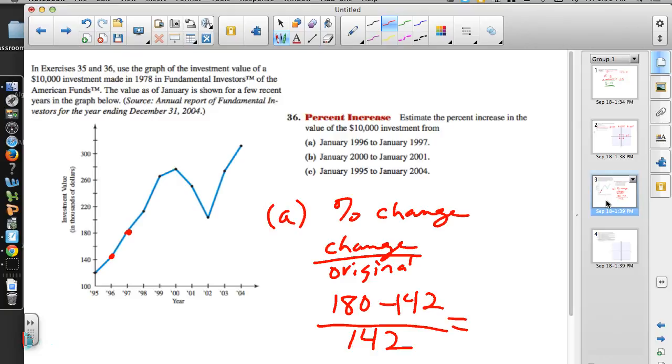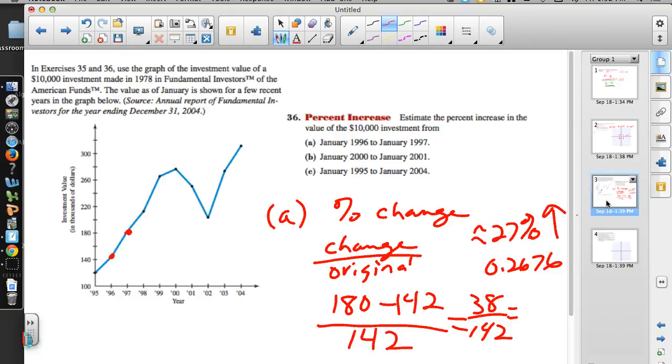And then you just punch it into the calculator and get it as a decimal so you could change it into a percentage. So we do 180 minus 142, and that comes out to 38. And we divide that by 142, and that is 0.2676. And that's approximately a 27% increase.